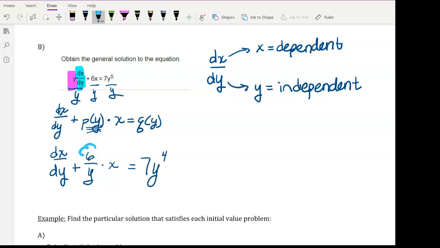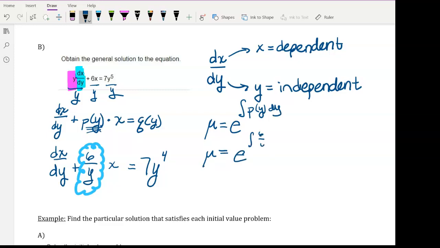So this right here is our p of y, and this is what we want to use to figure out our mu, which is our integrating factor. Remember, mu is e to the integral of that p function, which here happens to be a function of y. So mu will be the integral of 6 over y as our exponent of e. That antiderivative is equal to 6 natural log of y.